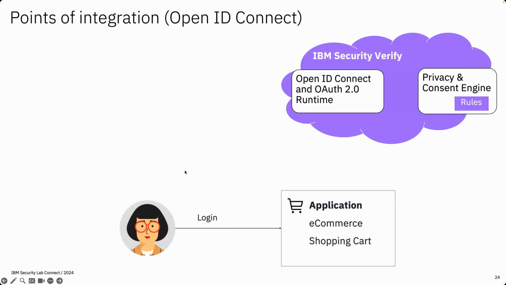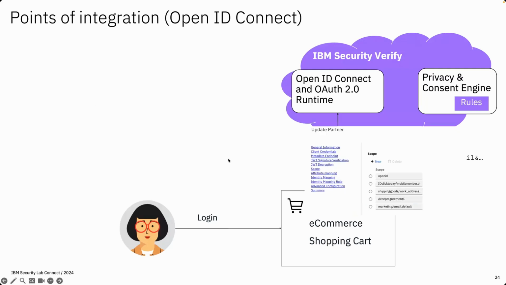The user initiates a login, and the application just delegates that to Verify to authenticate. In that process it sends a request to authorize with scope marketing, which is a purpose, and email, which is an attribute. Here is an example of how you configure on a relying party how to pass that information.